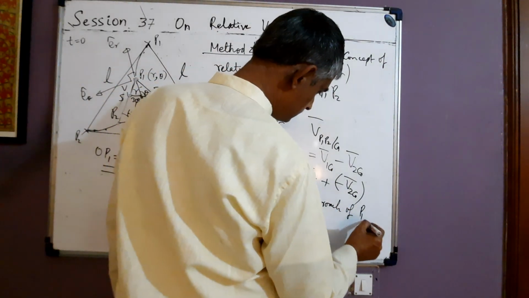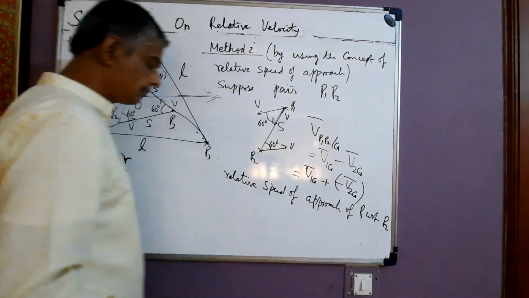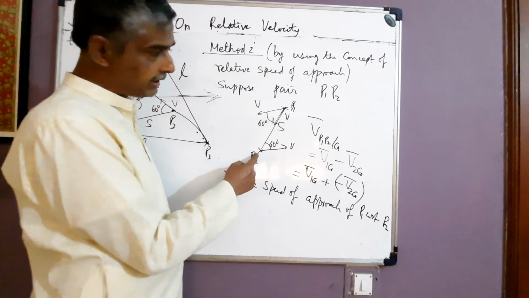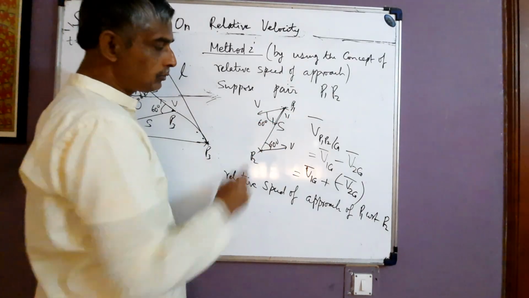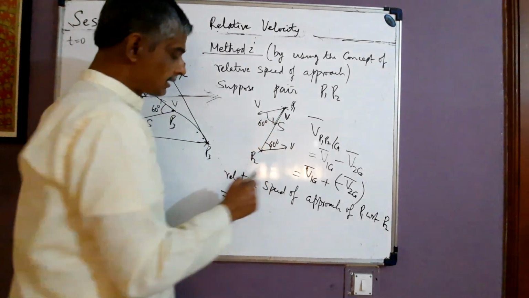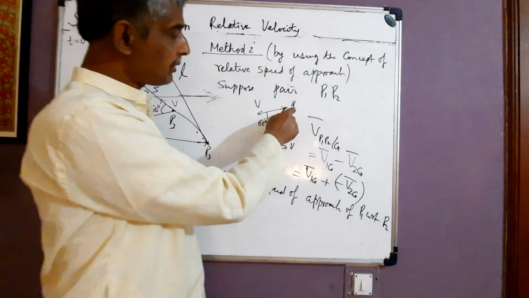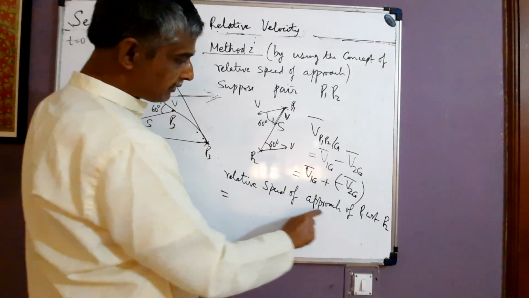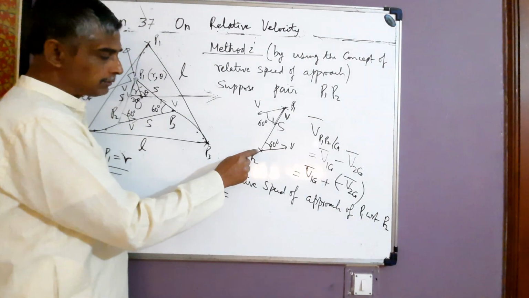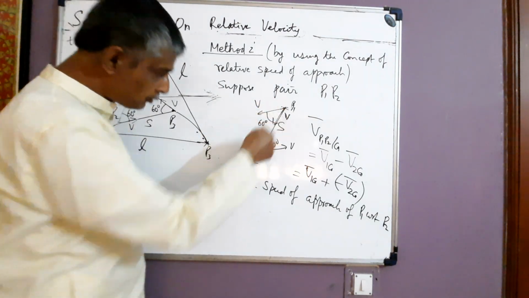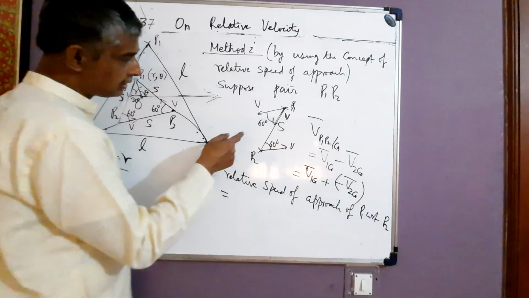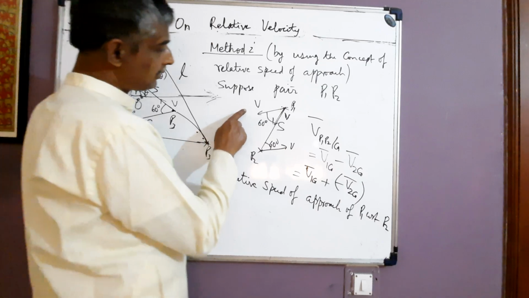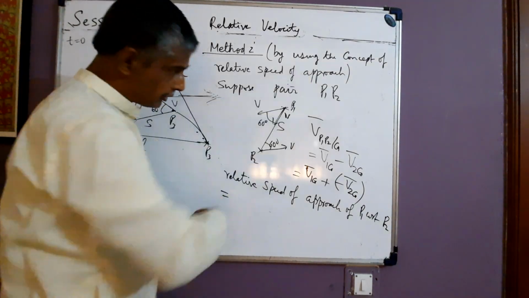P2 will observe that the velocity of P1 is the vector sum of these two, this V and this V. Now, the relative speed of approach of P1 with respect to P2 is the speed with which P2 will observe P1 to come towards it. So from this you see, the relative speed of approach is the sum of the components of these two velocities along this direction.